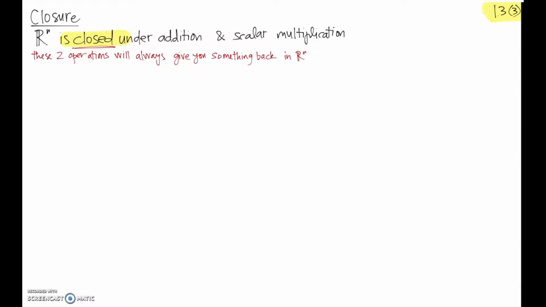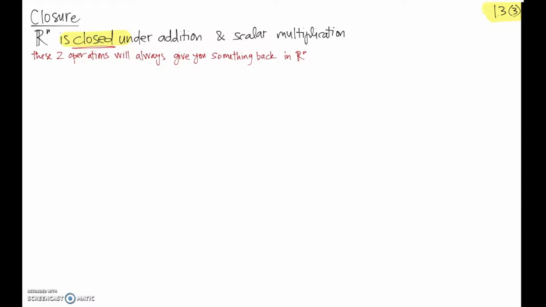If you take a scalar and multiply it by some element of R7, you're going to stay in R7. It's not possible for you to pop out of R7 into like R8 just because you added 2 vectors from R7 together. You'll stay in that set.